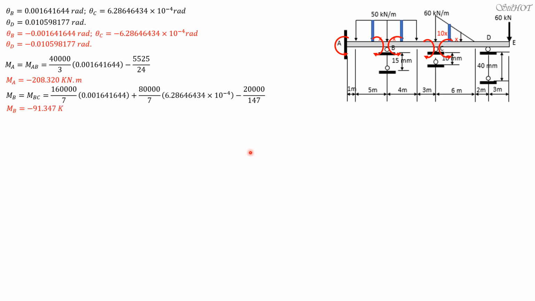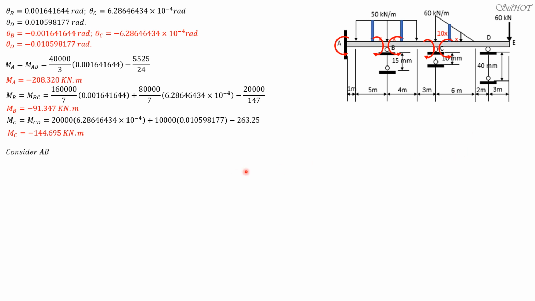So moment at B is negative 91.347 kilonewton meter. Moment at C is moment CD, so we use the moment CD formula, 20,000 theta C plus 10,000 theta D, then minus 260.25. Moment at C is negative 144.695 kilonewton meter. And of course, moment DE is negative 180.